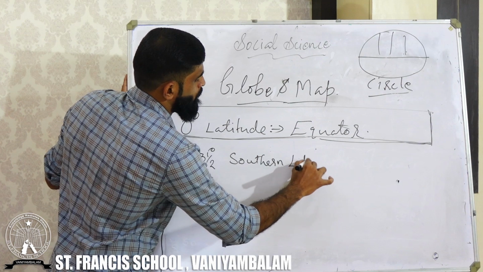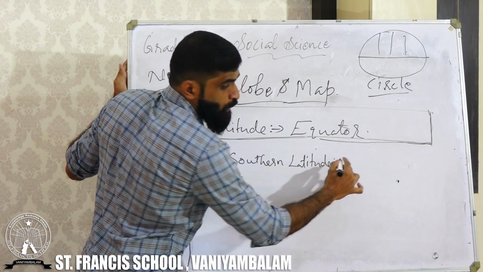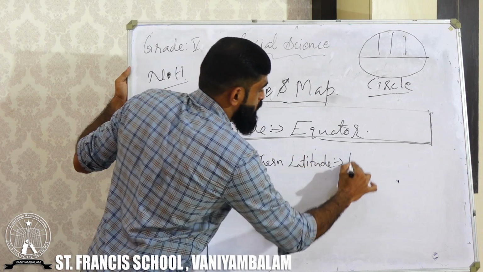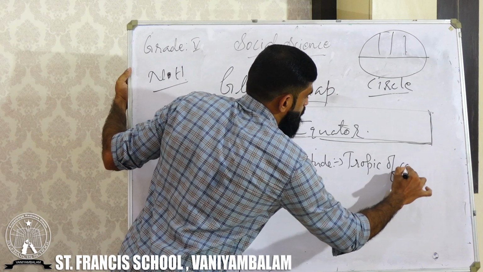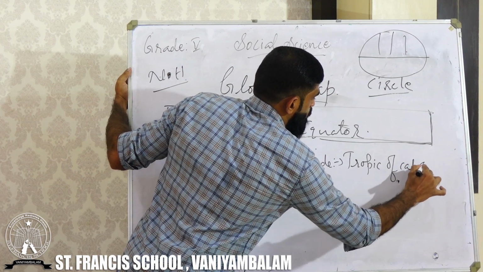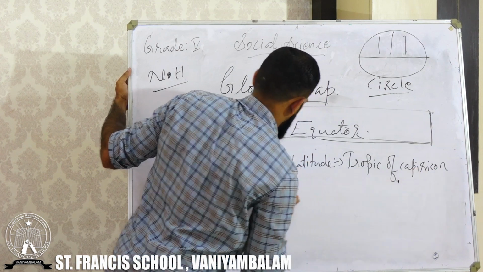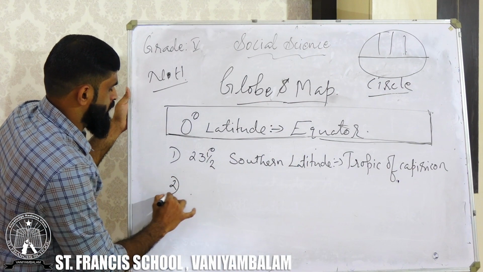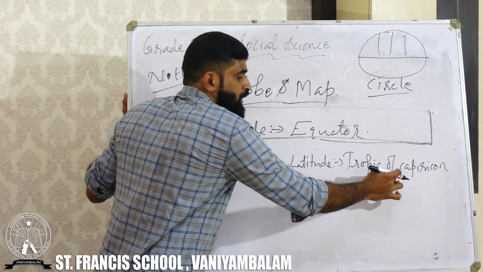latitude. What is it called? Tropic of Capricorn. 23.5 degrees southern latitude is called Tropic of Capricorn.